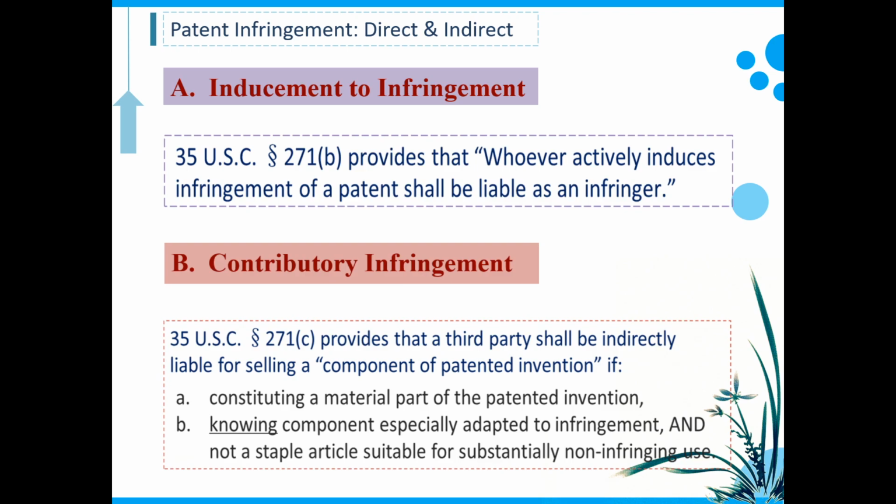Stable article refers to the items, the goods that are available on the open market that might be suitable for any purposes. For instance, if you were the maker or seller of mineral water, mineral water could be used for many known or unknown purposes. It could be used for drinking by mankind, or by an animal.